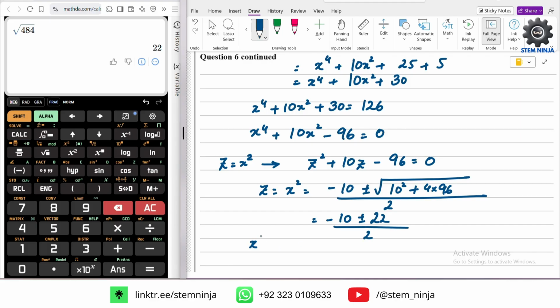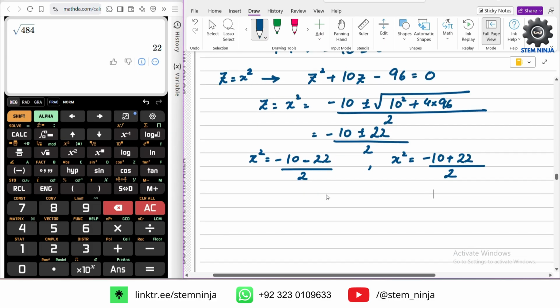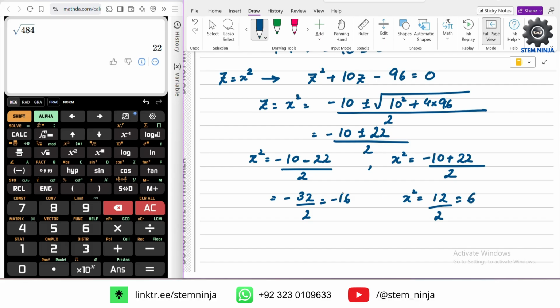So x squared is either minus 10 minus 22 divided by 2, or minus 10 plus 22 divided by 2. So it's either minus 32 over 2, which is minus 16, or 22 minus 10, 12 over 2, which is 6.